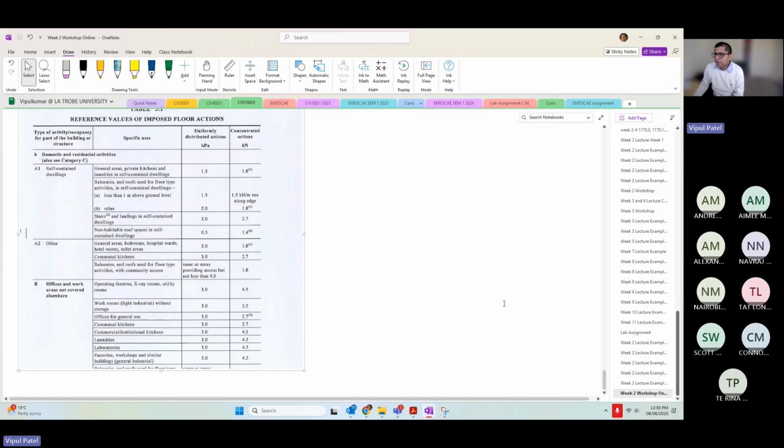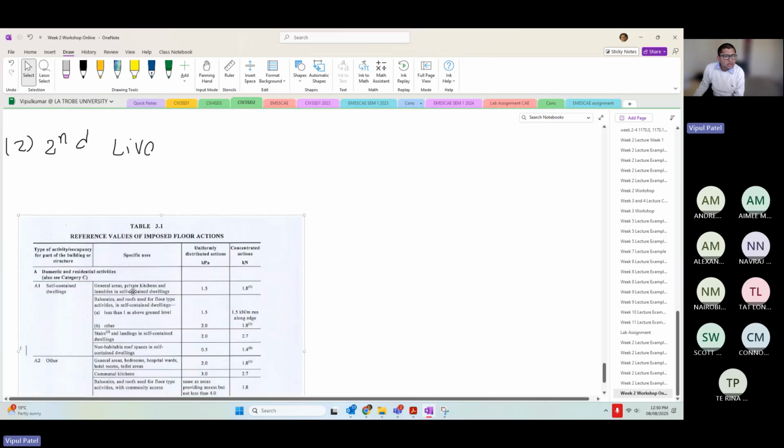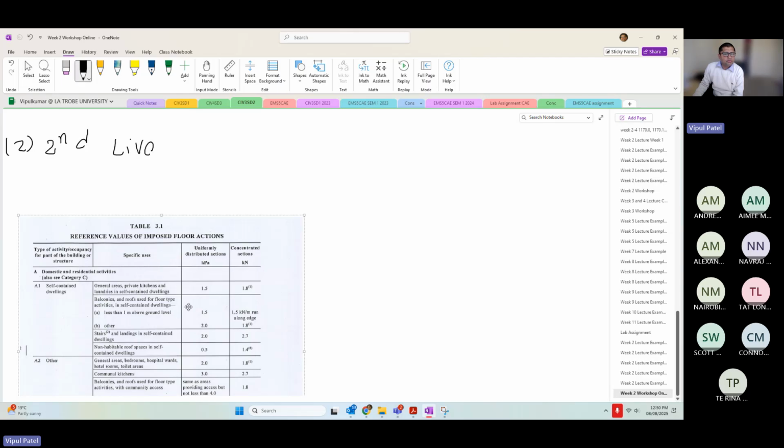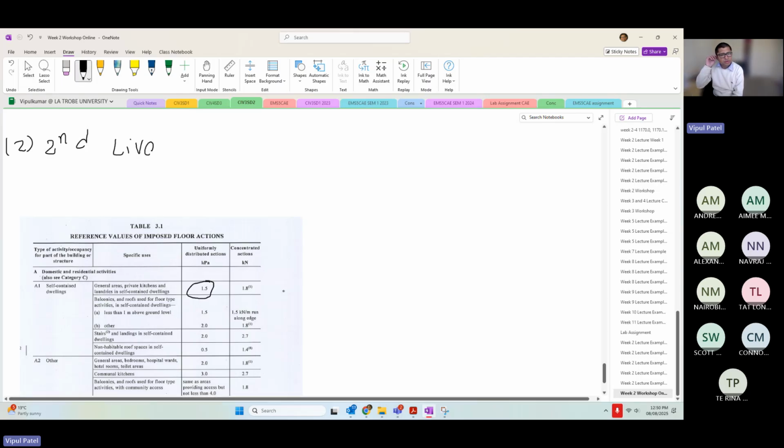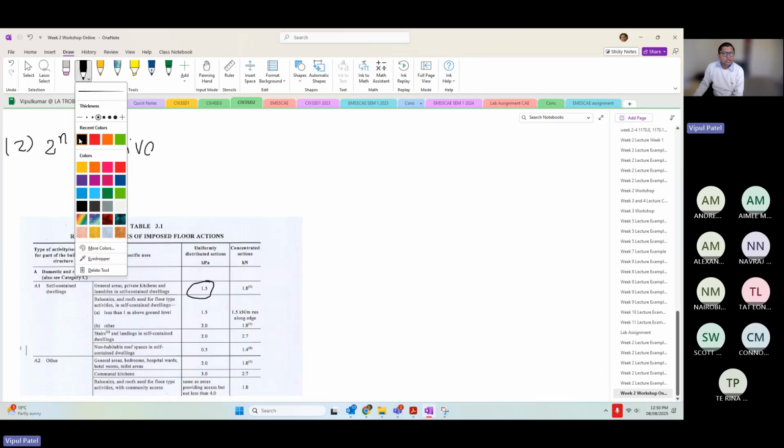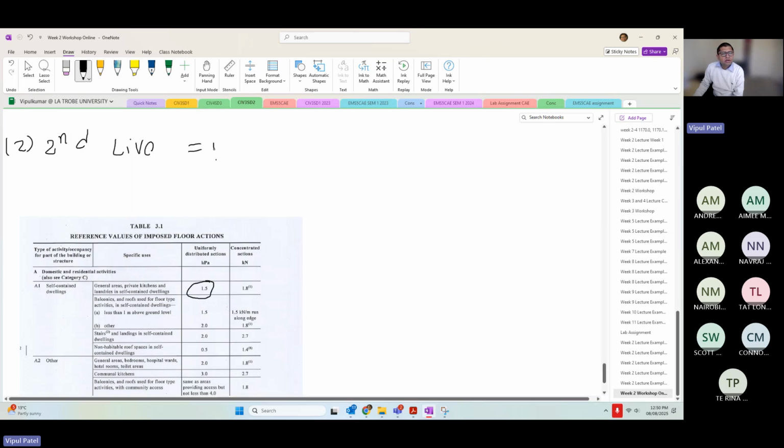So second floor live load is basically general area, private kitchen, laundry, self-contained dwelling. So that's perfectly fine. 1.5, basically 1.5 people standing in 1 meter square area, each 1 kilogram of weight. So the second floor live load would be your 1.5 kilopascals, right? That's perfectly fine.